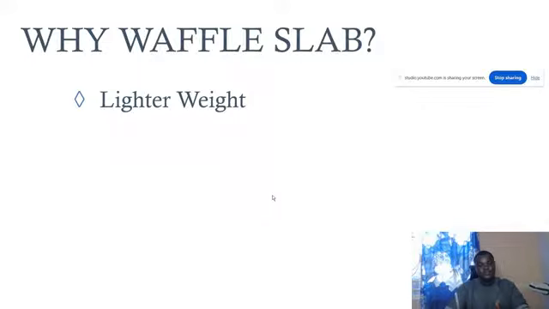You can see from the picture I showed earlier, we have some voids and some parts that are concrete. Those areas of void that we've removed have reduced the weight of the slab and made it lighter. Because of that, it has a lighter weight compared to corresponding solid and flat slabs.